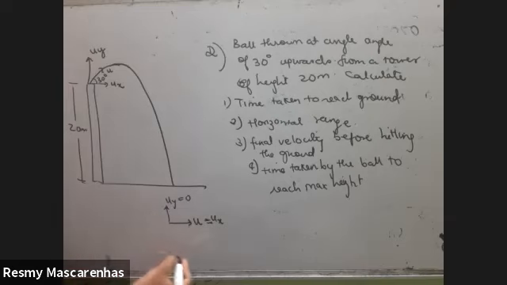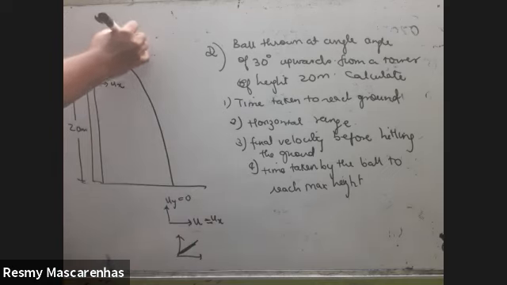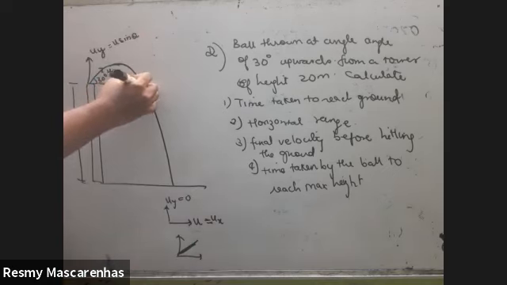But whenever your ball is traveling slanting, uy will not be 0, it will have some component. So that will be u sin theta, and this is your u cos theta.